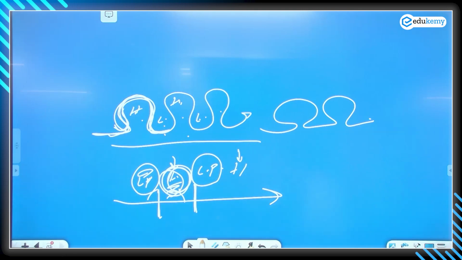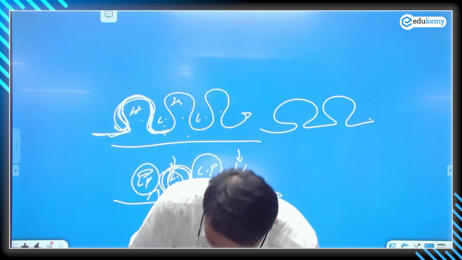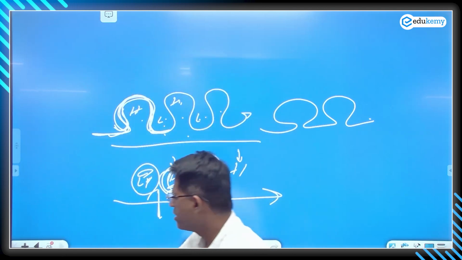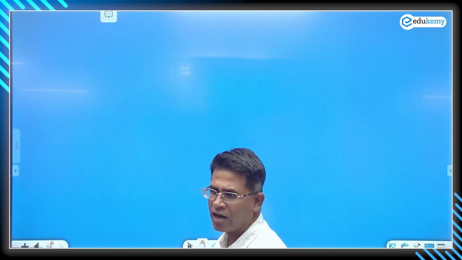Next, this warming of the Arctic and Antarctic regions is referred to as Arctic-Antarctic amplification. Next, the amplification phenomenon has weakened the polar vortex.